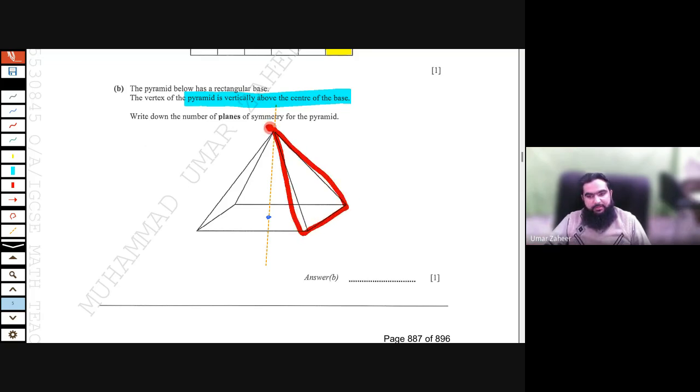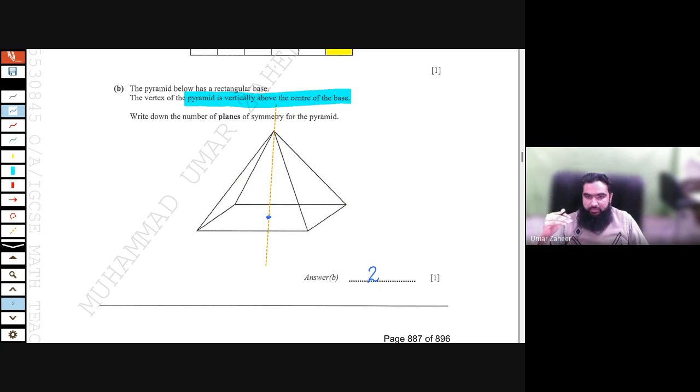Starting from this side is the same: when this face is on the opposite side, it is one time, and when it comes back, it is another time. So the rotational symmetry is going to be 2, but the vertex must be above the center of the base.